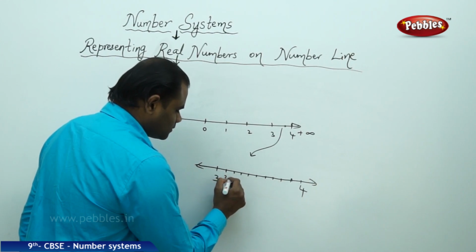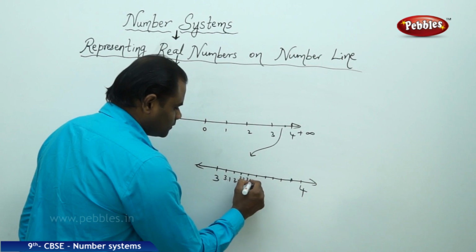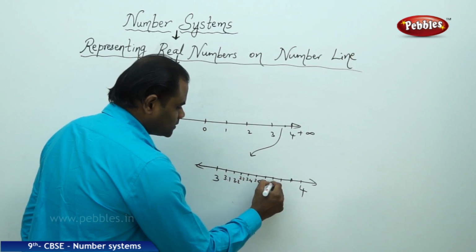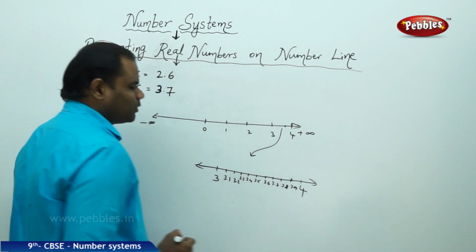So I get this to be 3.1, 3.2, 3.3, 3.4, 3.5, 3.6, 3.9.